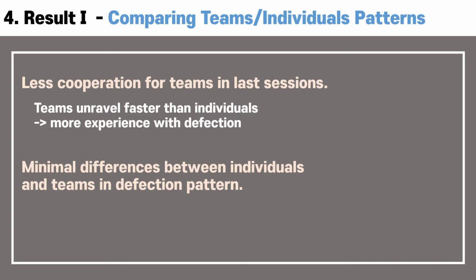Both teams and individuals would try to unravel a bit faster than their opponent to make more profit than them. And according to the discontinuity effect, that period of defection for teams would be faster than for individuals since teams are more competitive than individuals, which means that teams will have much more experience with defection than individuals.